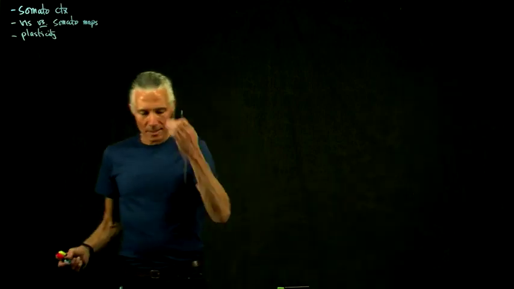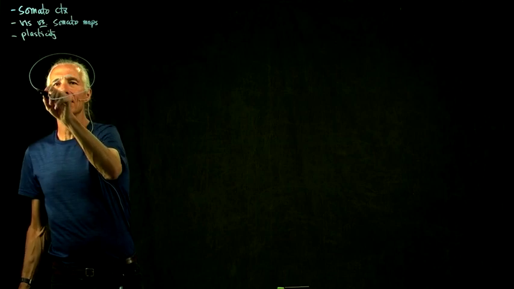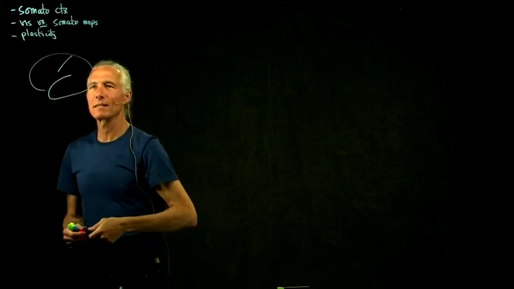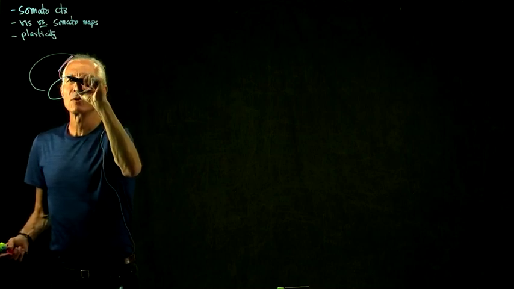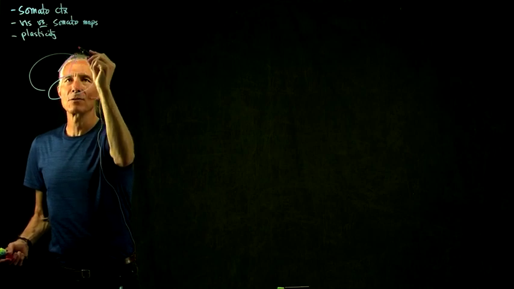So let's start off with, where is the somatosensory cortex? If this is the central sulcus, then the somatosensory cortex is basically behind the central sulcus, but it also goes into the lateral sulcus, like that, and it also goes around the edge.